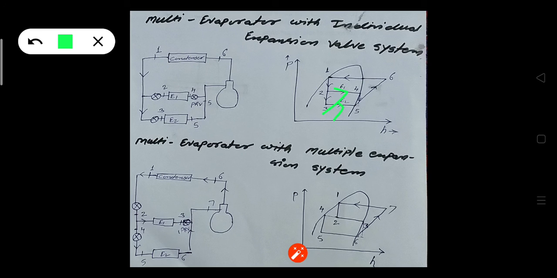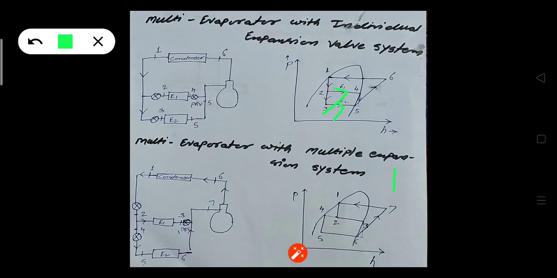In this case, the higher temperature evaporator E1 gives more refrigerating effect, as you can see from the p-h diagram.